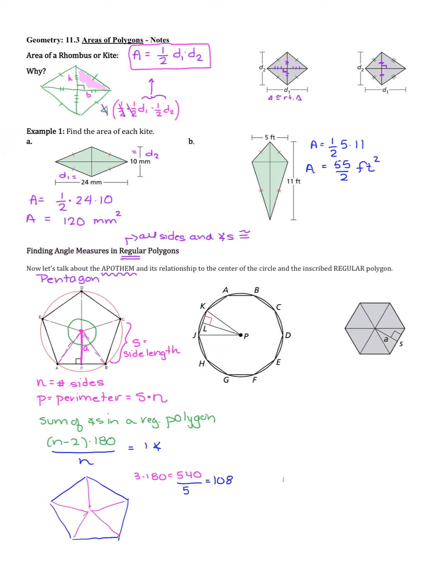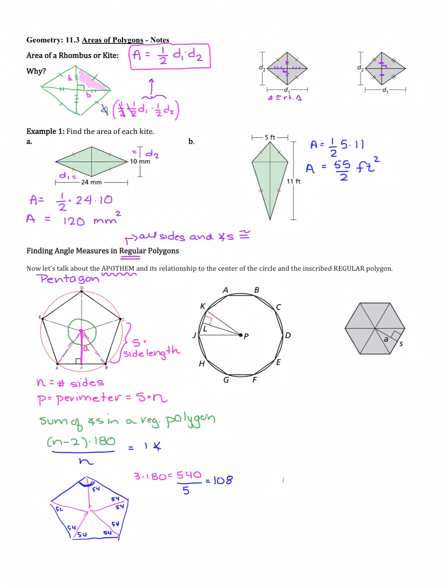So this angle would be 108. Because the radius coming out would divide that in half, each one of these is going to be 54, as we go around, because the whole angle has to add up to 108.